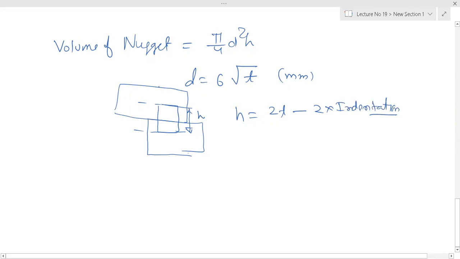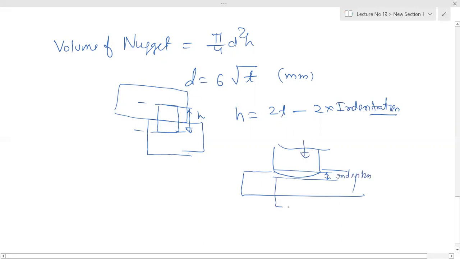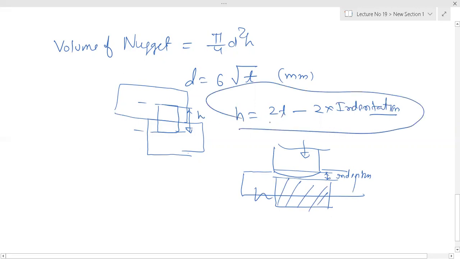What is the indentation? It is how far the electrode penetrates the workpiece when you press it. So on both sides, this much movement of the electrode will be there, and that is the indentation. So this height will finally be your H, because this much the electrode has already traveled. So the height of the nugget is 2 times thickness minus 2 times indentation.